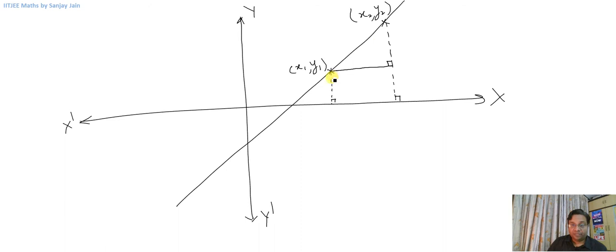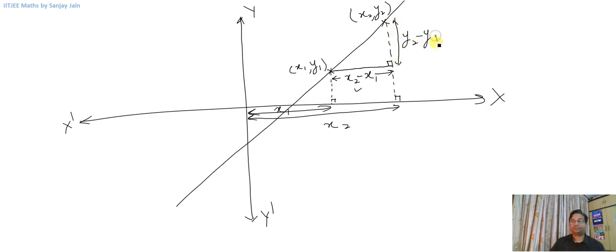So if I ask you what will be this length, we have already studied about it in coordinate geometry that this will be x2 minus x1, because this segment has got length x2, and up to this point this is the length x1. So this is x2 minus x1, and similarly we know that this is y2 minus y1.